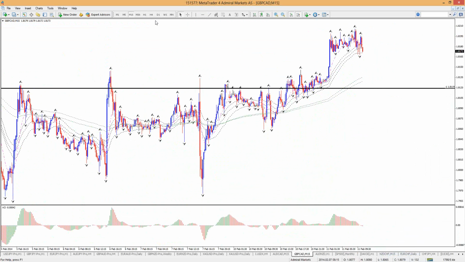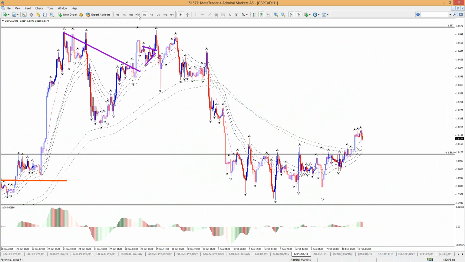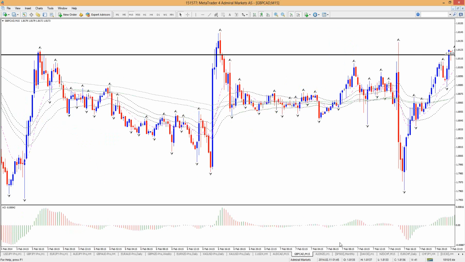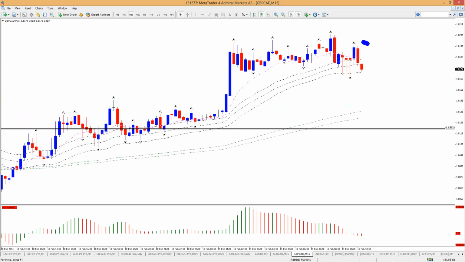So let's take a look at the pound CAD now. Pound CAD broke out of this consolidation to the upside, indeed. There is a small consolidation right here, which means that if we break this fractal, we could continue with the uptrend indeed.